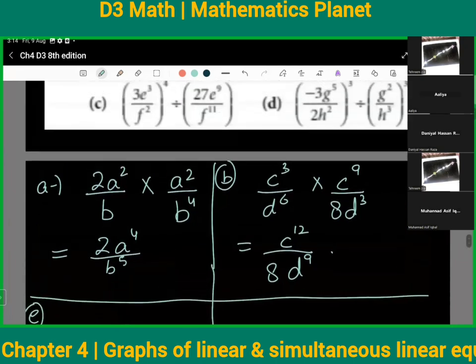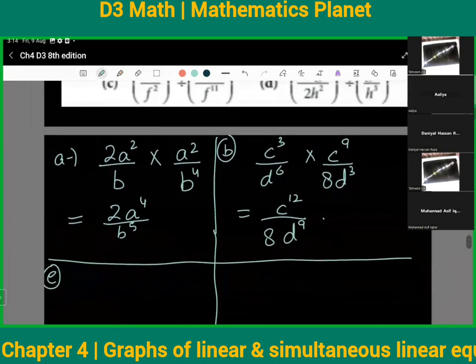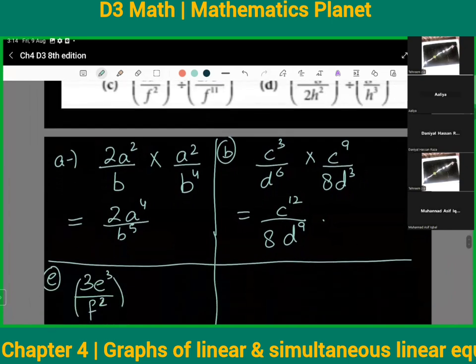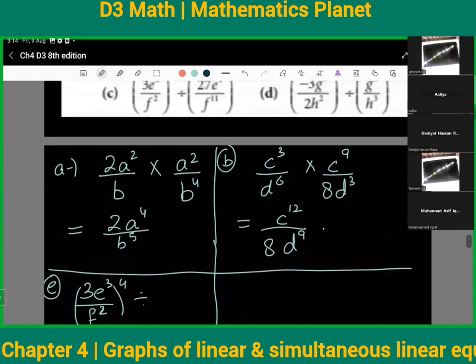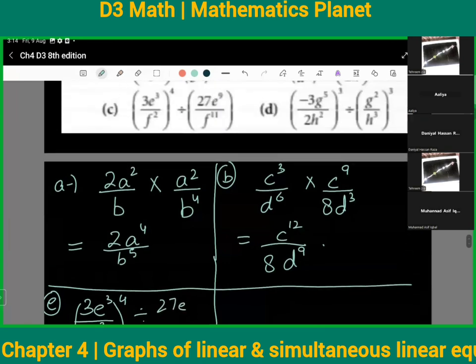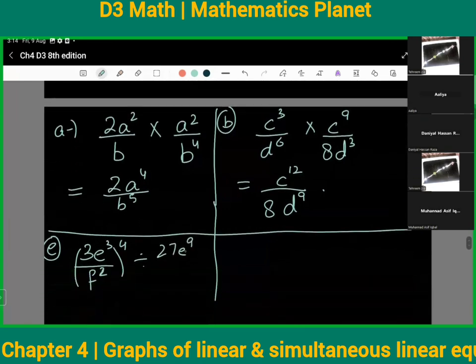Okay, E part is 3e to the power 3, e⁹f¹¹.